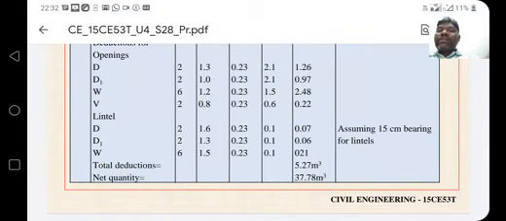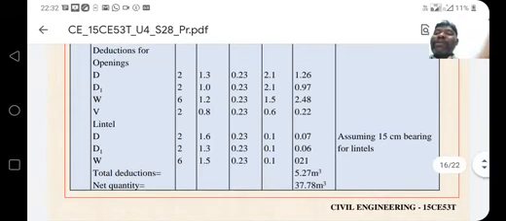Lintel deduction. Cut lintel, assuming 15 centimeter bearing for lintel, D is equal to 2 into 1.6. The 1.3 is the width of the door plus 0.15 bearing on either side. 2 into 1.6 into 0.23 into 0.1, where 0.1 is the thickness of lintel. D1 is equal to 2 into 1.3 into 0.23 into 0.1, 0.06.